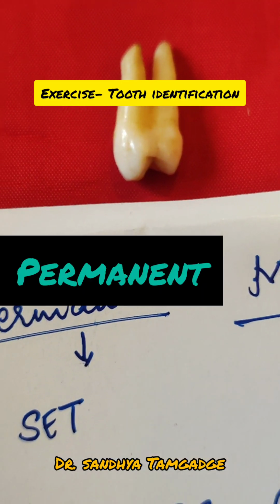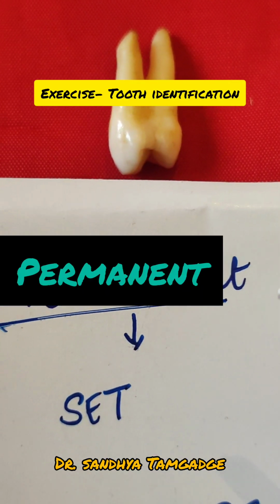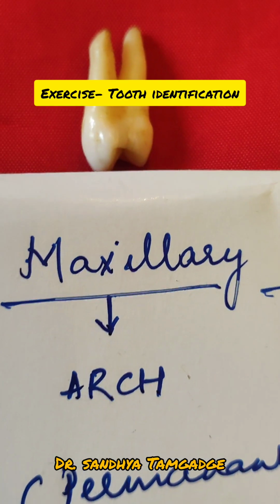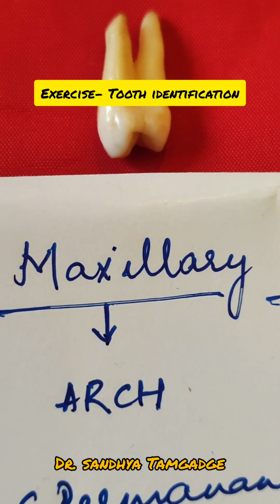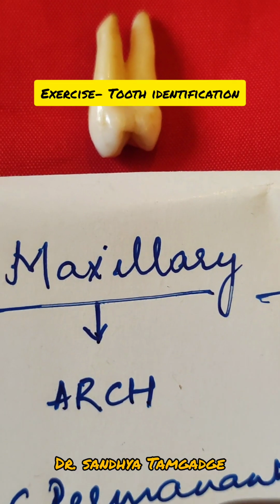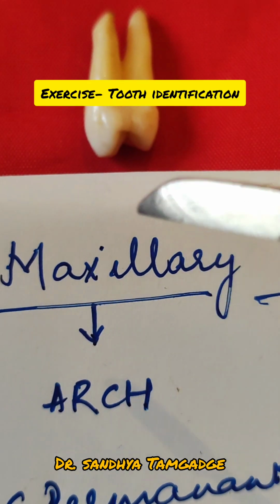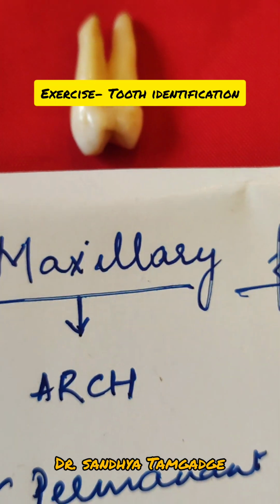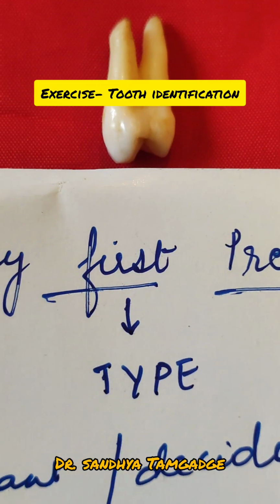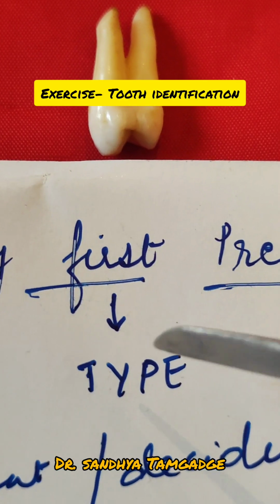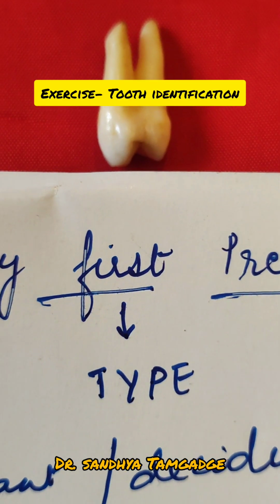The features which we write under the permanent category become set traits. Then why is it maxillary? Why not a mandibular premolar? Then it becomes an arch trait. Then why is it first premolar and not the second maxillary premolar? Then it becomes a type trait.